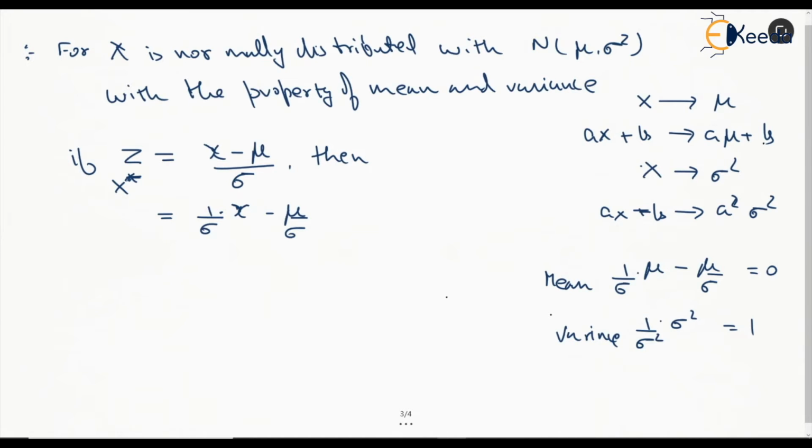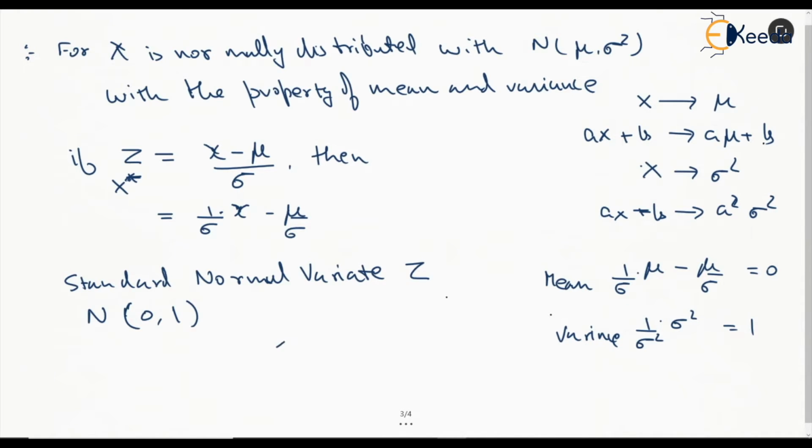So this z, which is also known as standard normal variate, the normal distribution now becomes the mean 0 and sigma square as 1. The mean becomes 0 and the variance becomes 1.